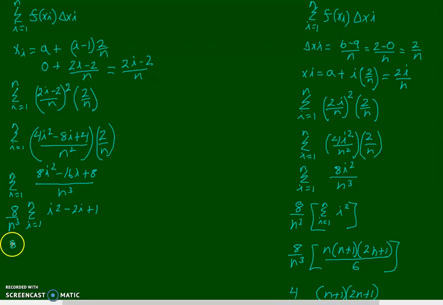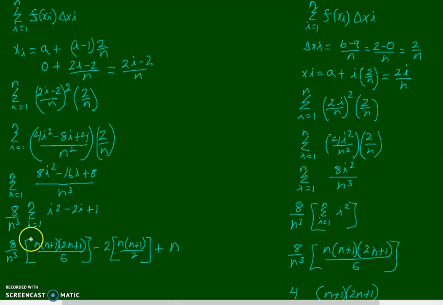So that's 8 over n to the third, and the sum of i squared is n times n plus 1 times 2n plus 1 all over 6, minus 2 times the sum of i, which is n times n plus 1 over 2, plus the sum for i equals 1 to n of 1 is just n.